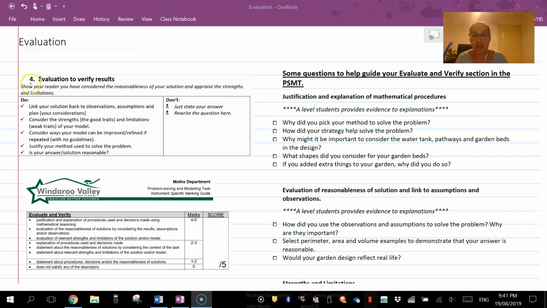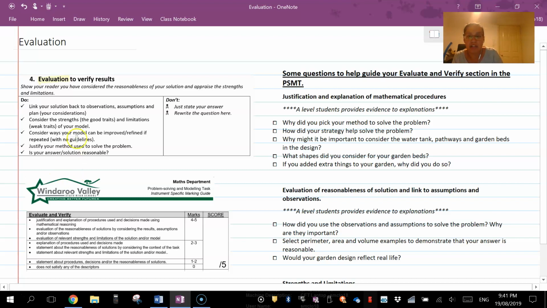So when we have a look here, it's evaluation of your results. This comes directly from your task sheet. What I want you to consider is that this is an evaluation. To evaluate something, you're looking for the strengths and limitations, weighing up the value of the solution.